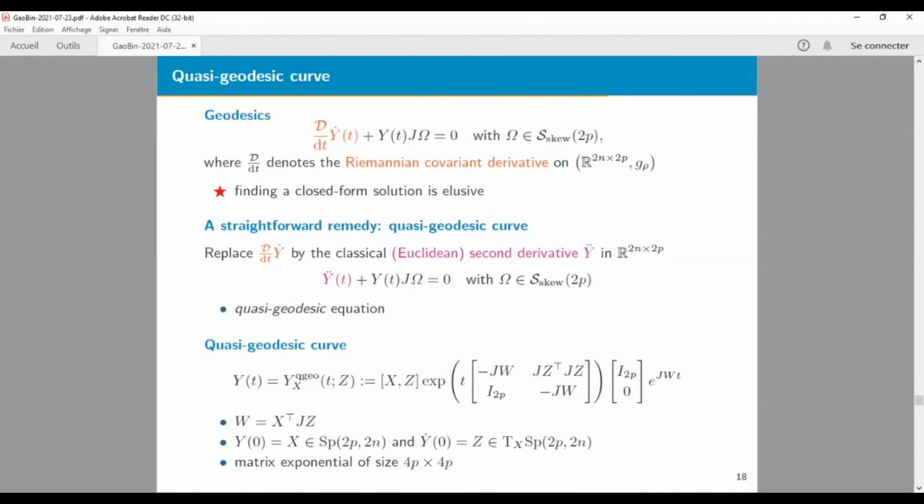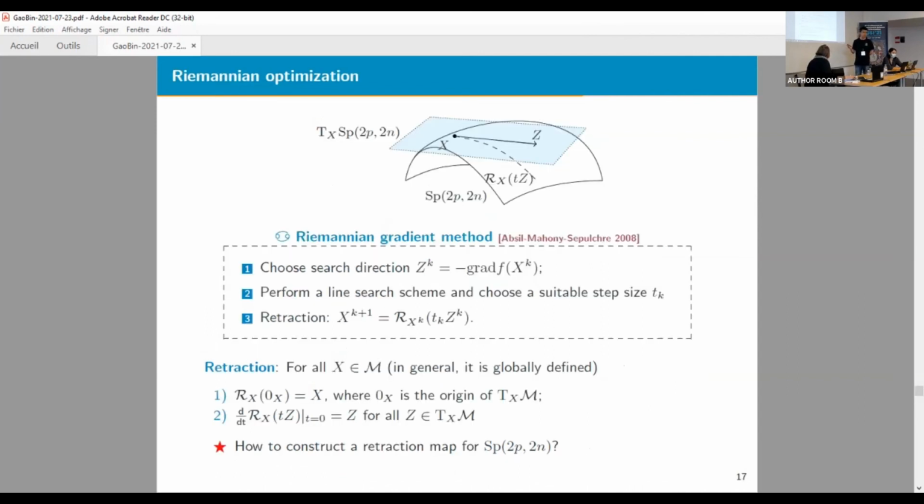Do you have any convergence guarantees for your gradient descent algorithm? Yes, we have global convergence results for this kind of gradient algorithm, but we didn't show them here. In our paper, we have the convergence results for this algorithm.